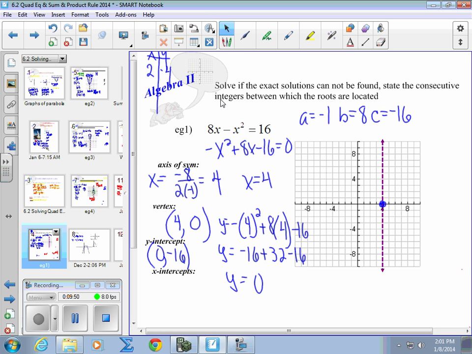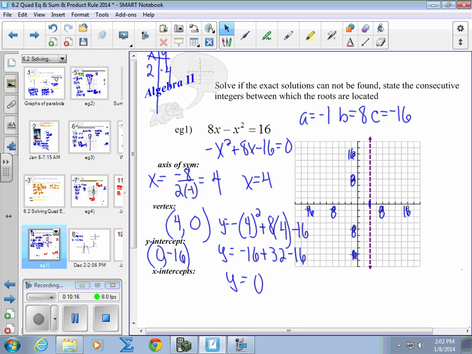I think since I don't have a negative 16 on my graph, I'm going to change mine up a little bit.